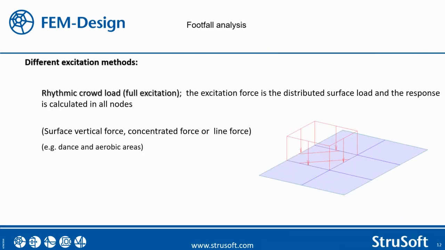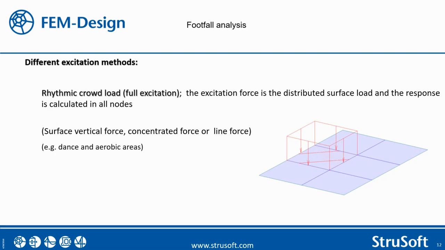The third method is called rhythmic crowd load, which means that the excitation force can be distributed as a surface vertical force, also as a concentrated force or line distributed force.